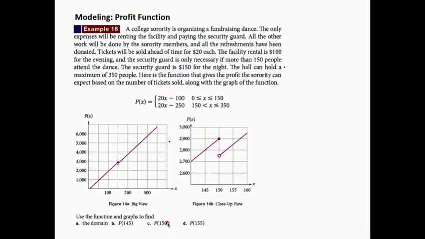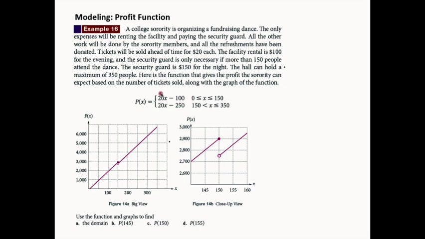For this one right here, you have to be careful. This is one of our endpoints. If I want to figure out which piece of the function I need to plug in that 150, because I see 150 here twice, I have to pay attention to the details. 150 is included on this interval because it's less than or equal to. It's not equal to 150 here, so I want to make sure that I plug it in to this first piece here.